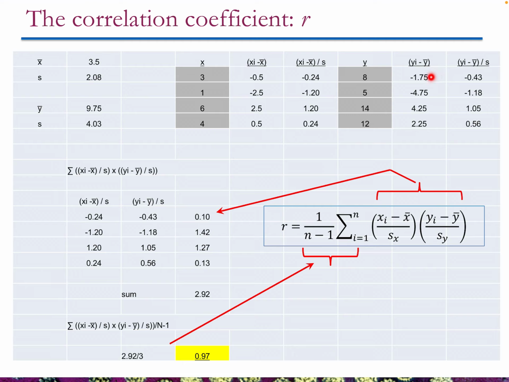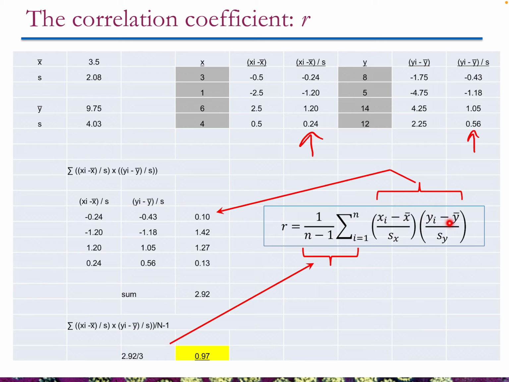First one, we had y sub i minus the mean of minus 1.75 divided by 4.03, minus 0.43, and we do that for all the other ones as well. So now, with this column of data and this column, we have calculated this value and this value.